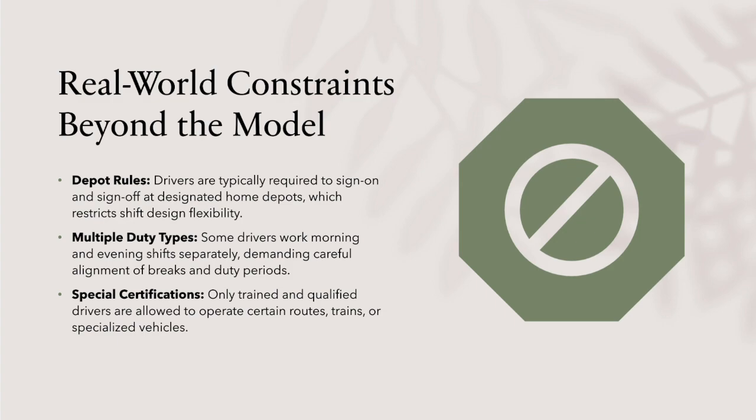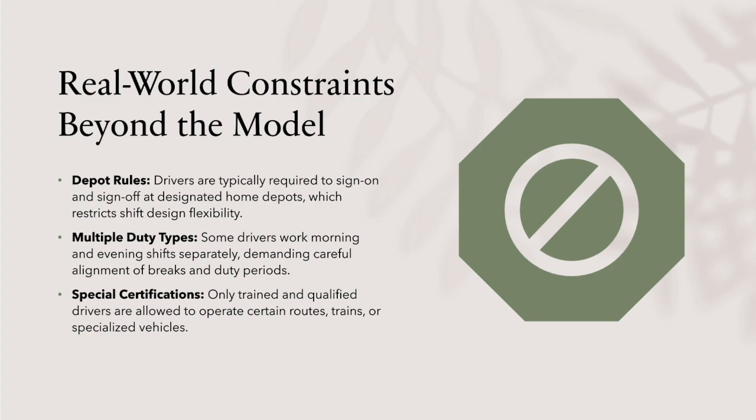Now let's take a look at the real-world constraints that are beyond the model. Beyond the elegant mathematical model, the real world introduces many messy complications. Depot rules mean drivers cannot just start and end anywhere. They must typically return to their home base, limiting flexibility.